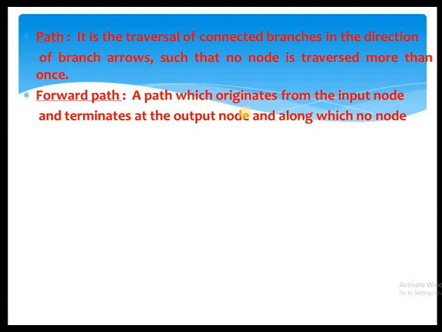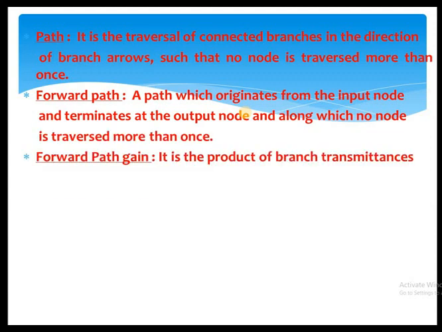You should remember the forward path definition because it is very important while solving transfer function problems based on SFG. That means the traveling signal will go in only one direction, from input to output, without repeating any nodes.